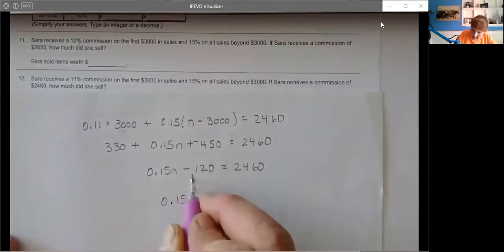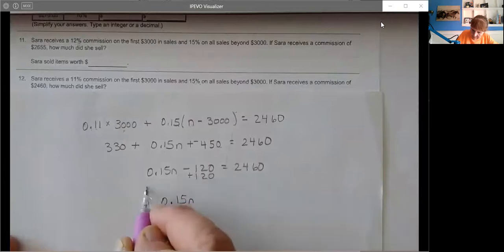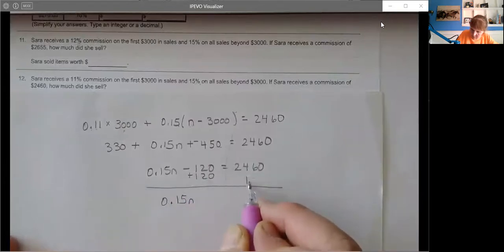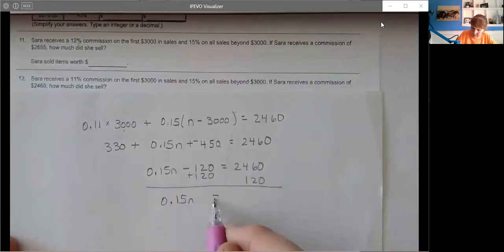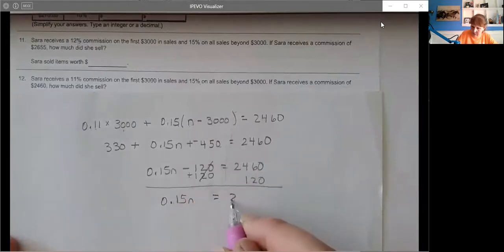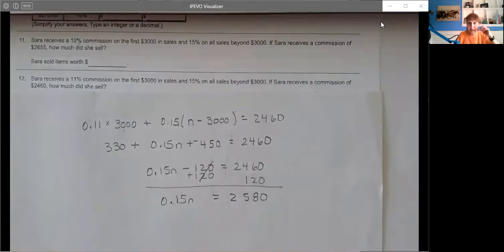So I'm going to add 120 to both sides. So I'm left with this, that's gone. Ooh, we got 2,580. Well, I'm glad that I went through this, you guys, because they really are doing some interesting rounding on that one. All right.